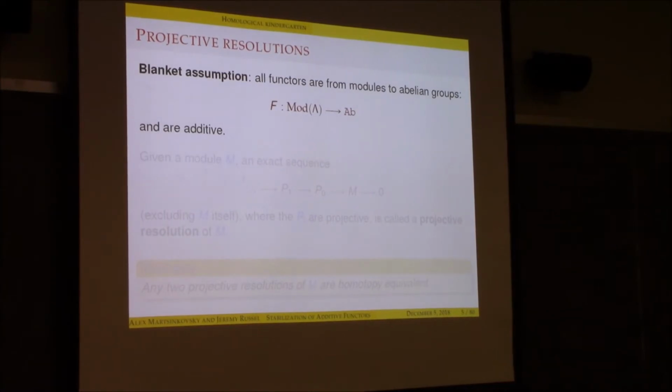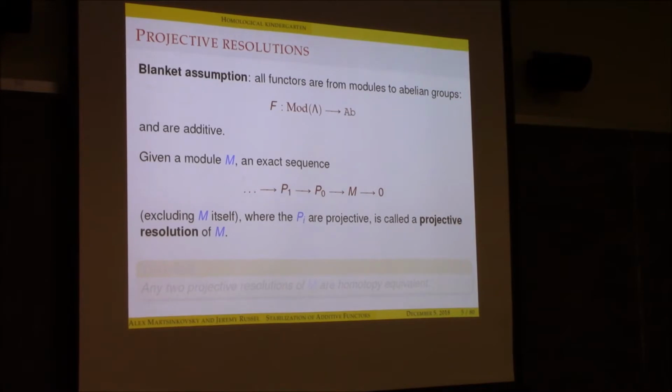So how does homological algebra work? Well, given any module, you find a projective ancestor, that is a projective module mapping onto it. Then you go to the kernel and do the same thing with the kernel, and you keep doing it. And you get an exact sequence of this sort.